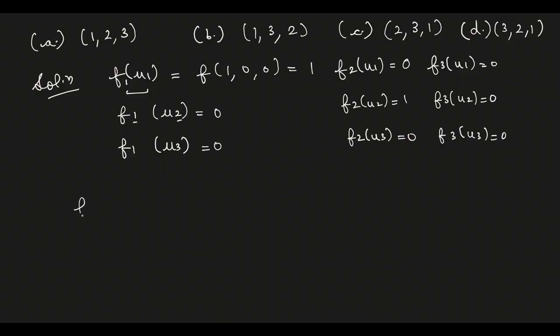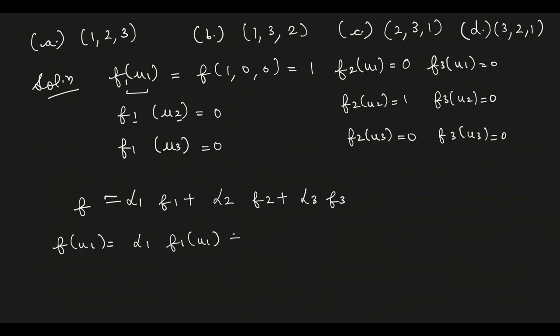And from here also, f is equal to alpha 1 f1 plus alpha 2 f2 plus alpha 3 f3. So if you see f(u1) means alpha 1 f1(u1) plus alpha 2 f2(u1) plus alpha 3 f3(u1).